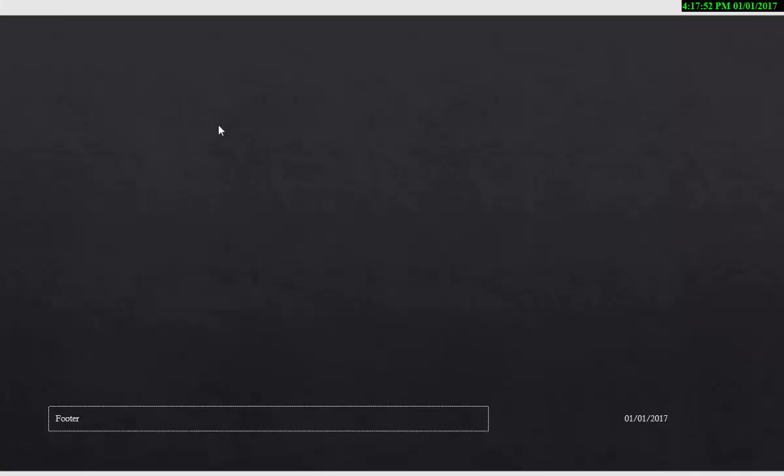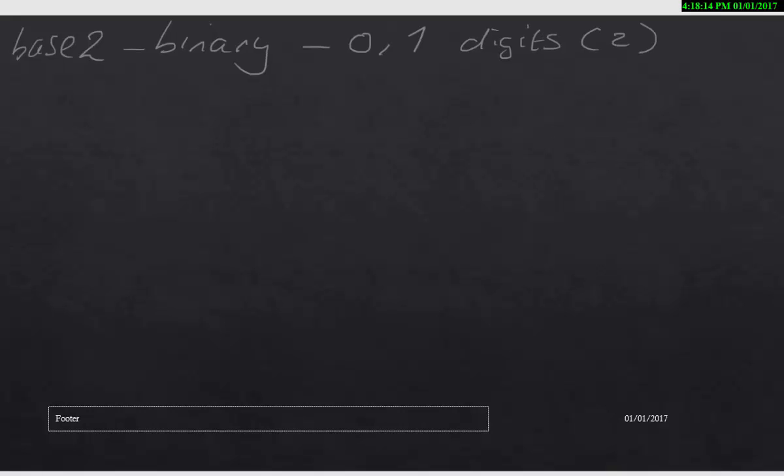New slide. A quick summary then. We have binary, which is base 2, and we have a possibility of 0 and 1 as our digits. So only 2 digits because we're binary.